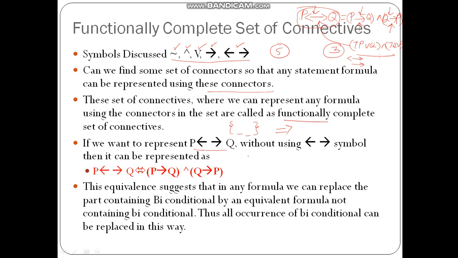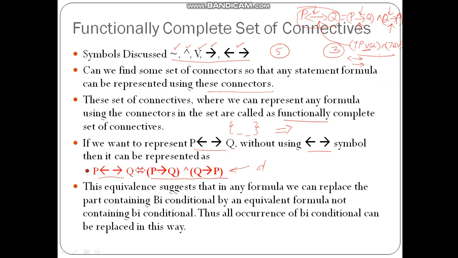P biconditional Q, we have already studied, is P implies Q and Q implies P. This is there in the first video. I'll put the details of my first video in the description section. Then again, if this is not available with me, I can go with the disjunction statement.